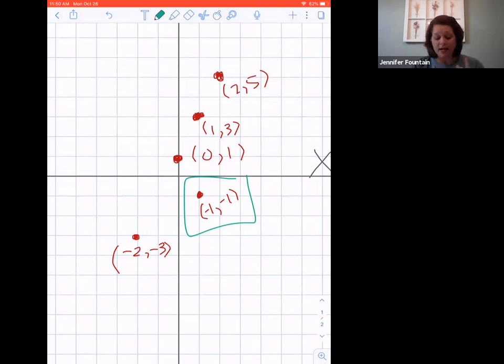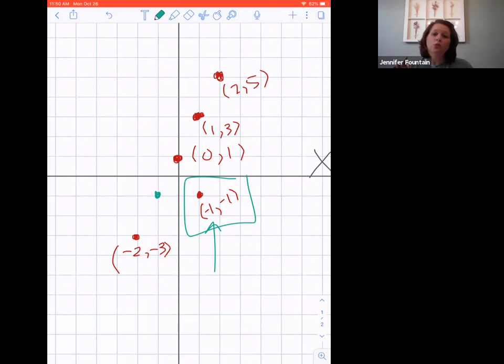Either I have made a mistake in my graphing, which I did. It should be over here at -1. So this one was a graphing mistake, or I made a mistake in my calculations when I was doing my chart. Maybe I multiplied incorrectly, maybe I added incorrectly, maybe I messed up with my positives and negatives, okay? So if you have a point or multiple points on your graph that don't make a straight line, that's an indicator that there's been a mistake made.